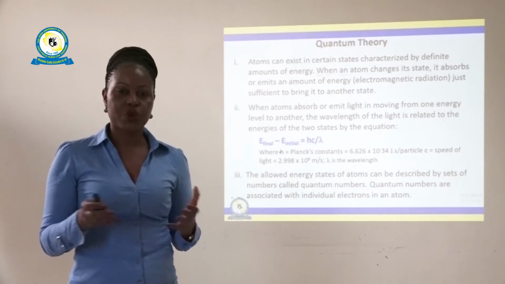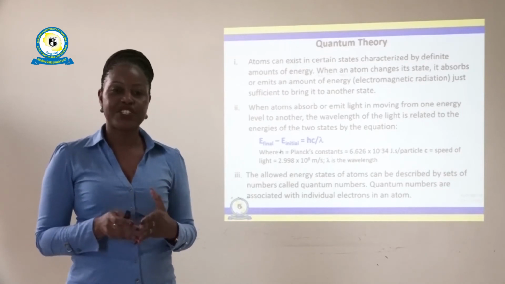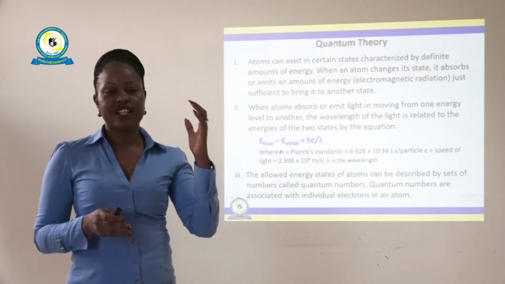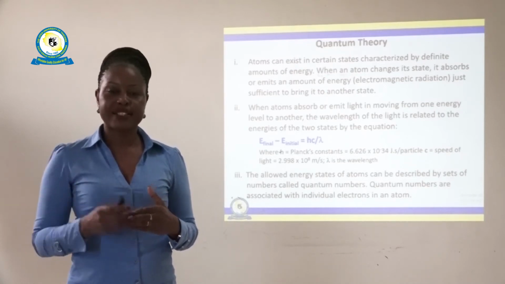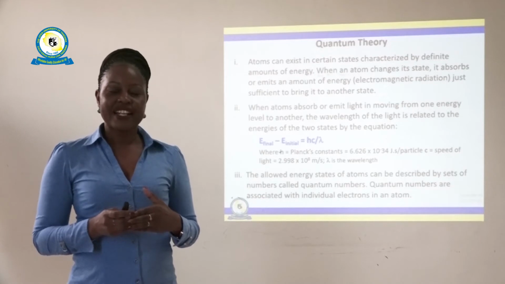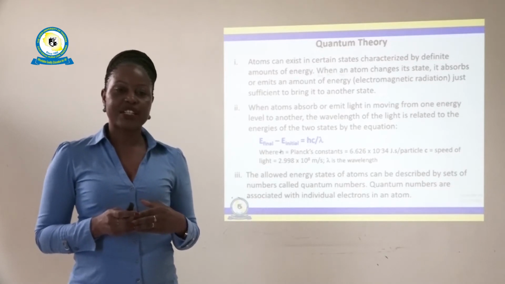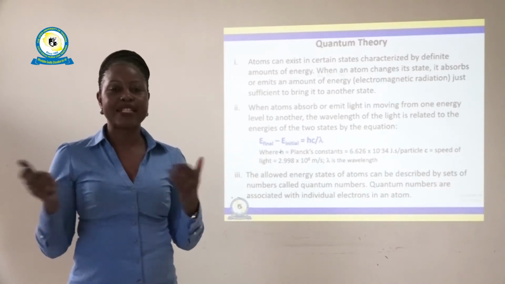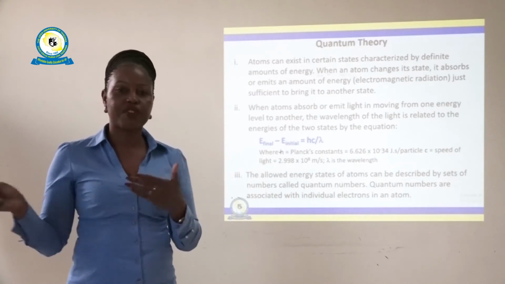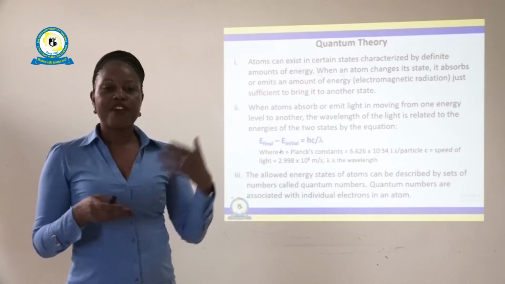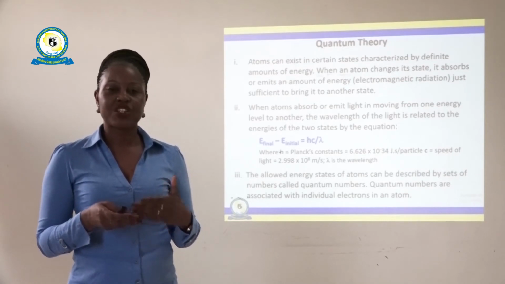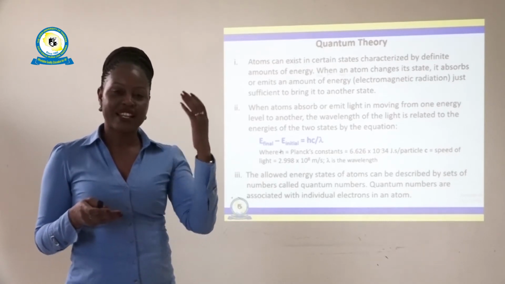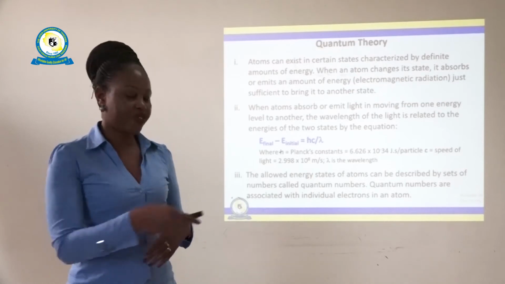This energy is called electromagnetic radiation, which is just sufficient to bring that electron into another state. Another postulate of this theory was that when atoms absorb or emit light in moving from one energy level to another, the wavelength of the light is related to the energies in the two states given by that specific equation.